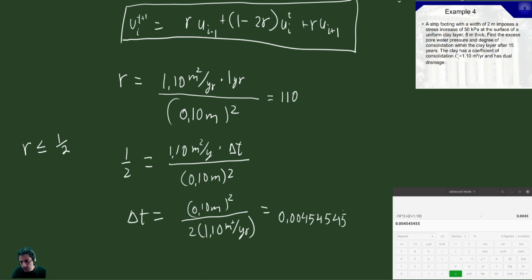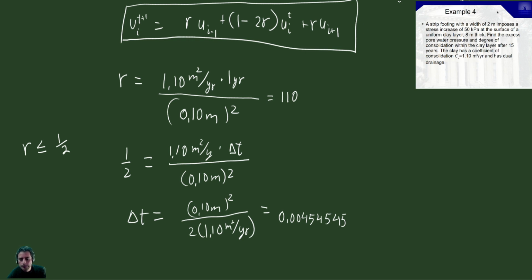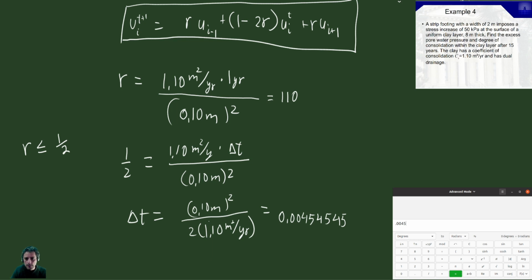It seems to be periodic. Okay, and so that being the case, it's basically a day and a half that we need to reach our 15 times 365.